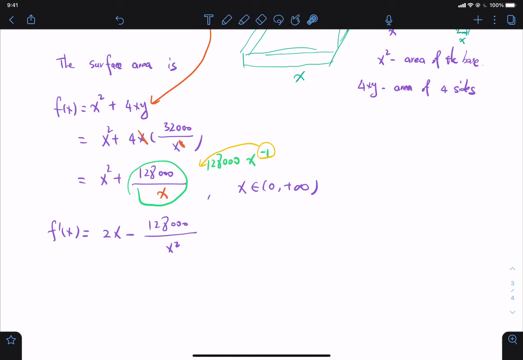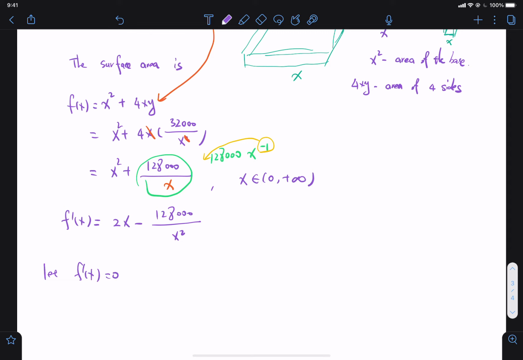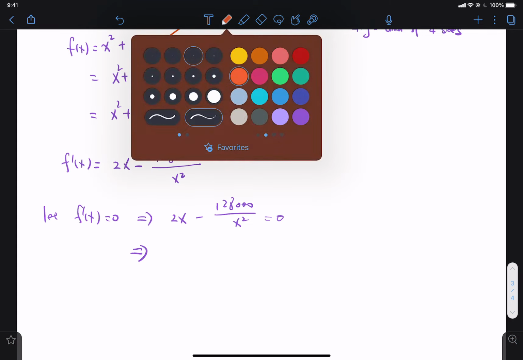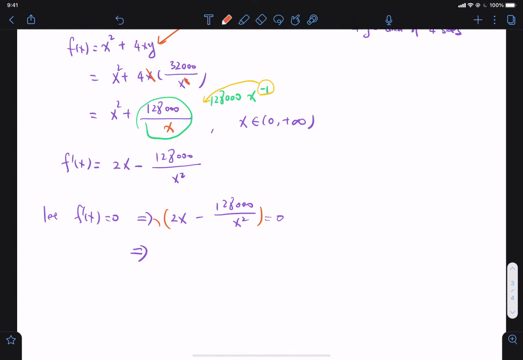And now we let the derivative equal 0. So we have 2x minus 128,000 over x squared equal to 0, and we solve for x. Firstly, we multiply both sides by x squared to get rid of the denominator, so we have 2x cubed minus 128,000 equal to 0.